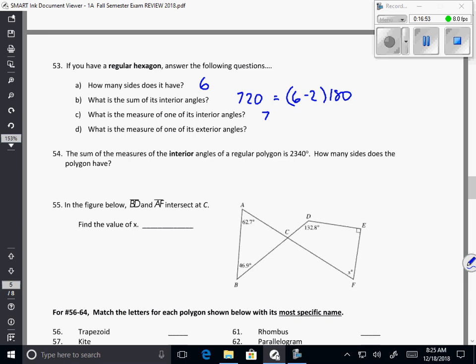How do you get that? 720 divided by 6, you get 120 degrees each. And then what is one exterior angle going to be? How do we get that? The sum of all exterior angles, no matter how many sides it has, is 360. And for a hexagon, there are 6 of them, which means they've got to be 60 each.